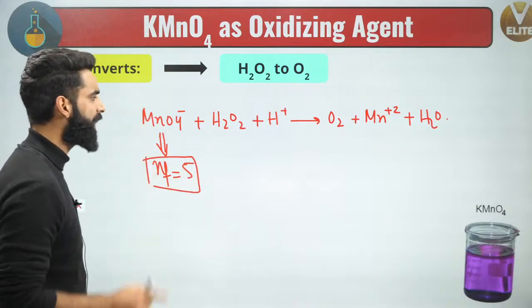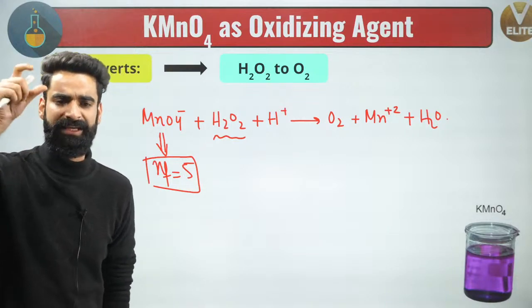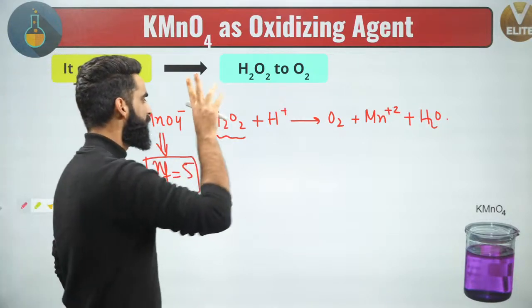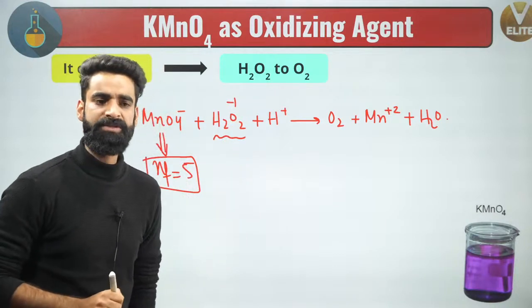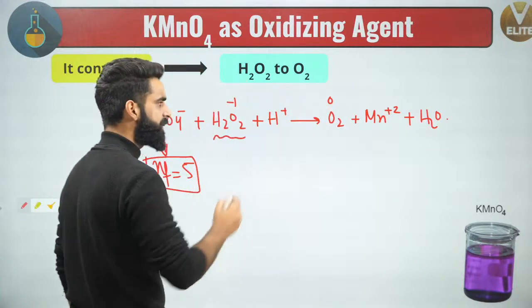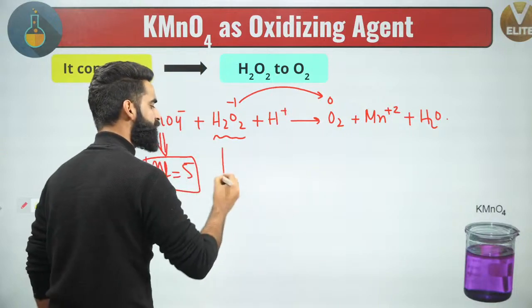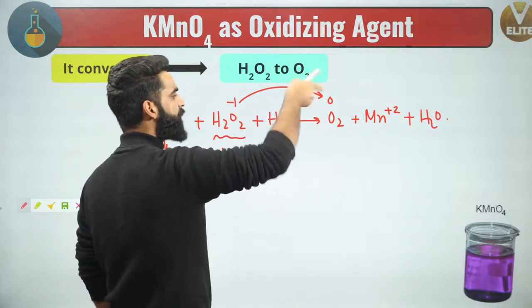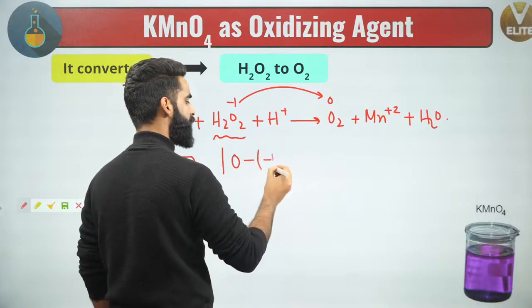If I want you guys to calculate the n factor of this hydrogen peroxide right here, people, in the last session we talked about the oxidation state of oxygen in peroxides, which is -1. The oxidation state of oxygen right here is -1, and oxidation state of this oxygen right here is 0. The oxidation state of oxygen is changing from -1 to 0. If I want you guys to calculate change in the oxidation state of oxygen, isn't it going to be final oxidation state of oxygen minus initial oxidation state of oxygen?